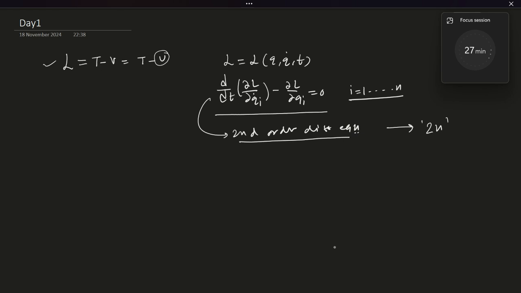After knowing the 2n constants or boundary values, we can derive q at a time t. That's the solution of this problem.